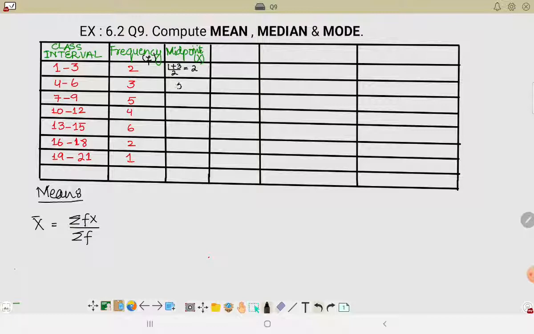So next we have to fill the column: 5, 8, 11, 14, 17 and then 20, right? You have to recheck your whole column that you have written down the correct digits or not. Then x we got, now we have to find fx.